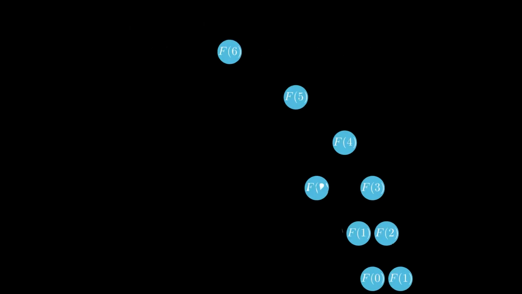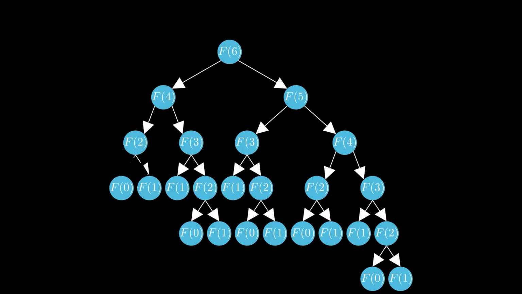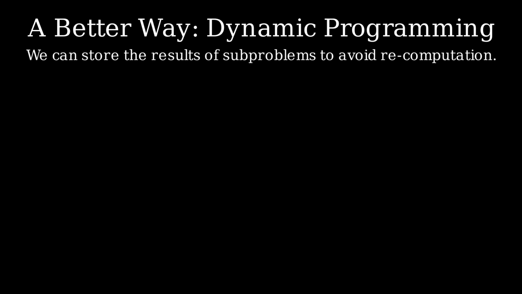If we draw the recursion tree of our calculations, we can see that a lot of nodes are redundant and shouldn't be computed twice. These nodes are the nodes in orange. A better way to approach this problem is using dynamic programming.